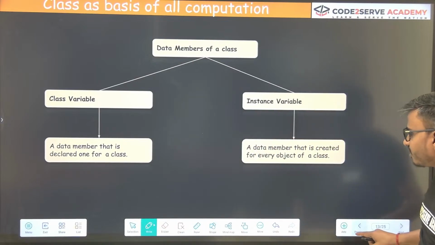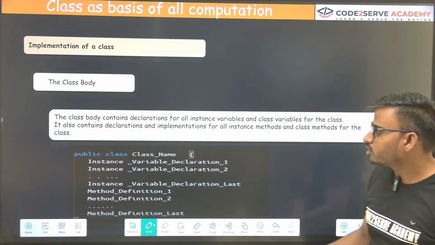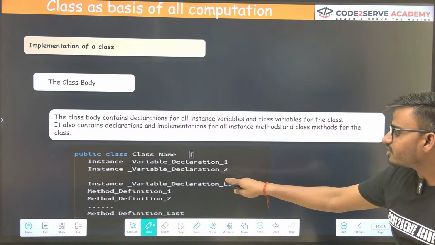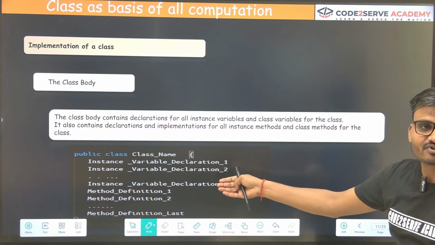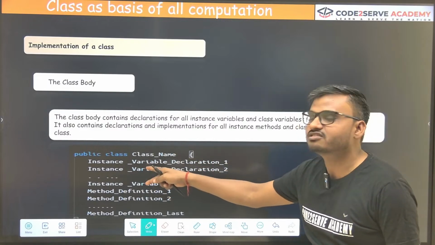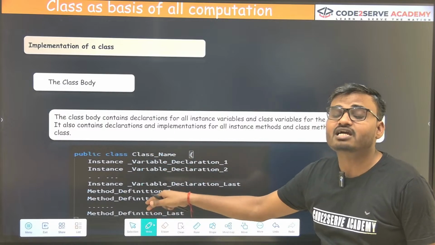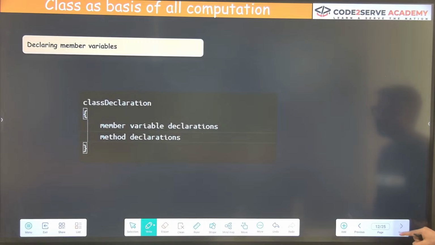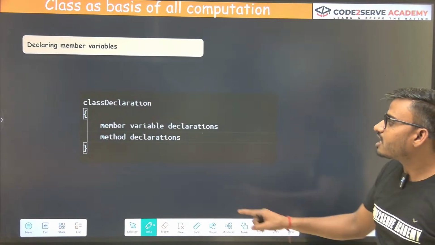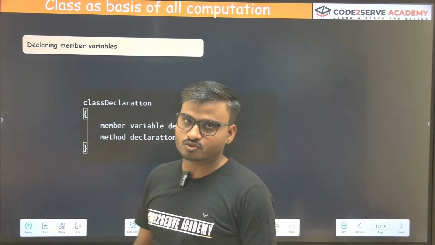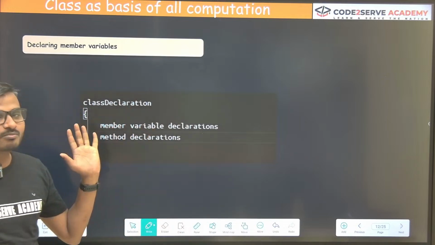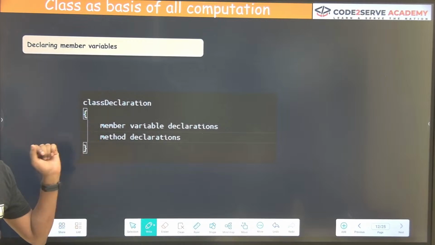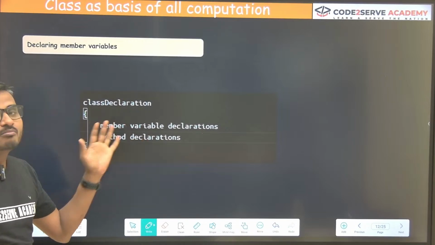Here I have written an instance variable declaration and one class variable. What I mean by instance variable and class variable: a class can contain two things. One is the member variable, that is all the data types that we declare in the class, and the second one is the method.